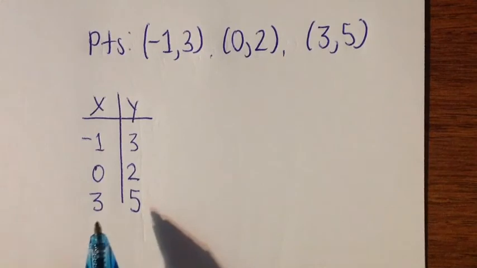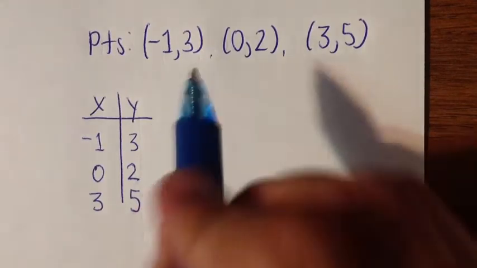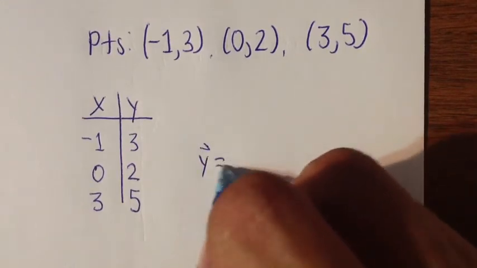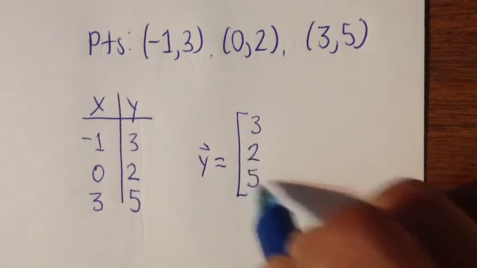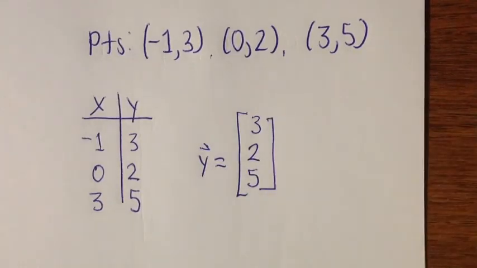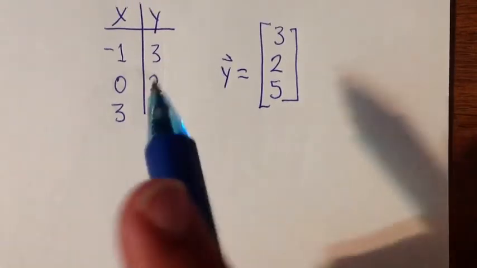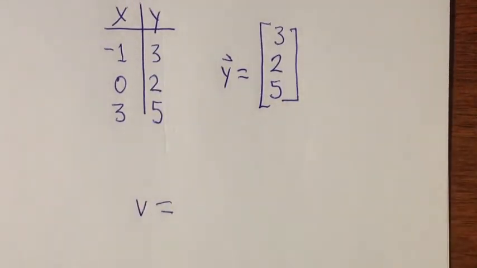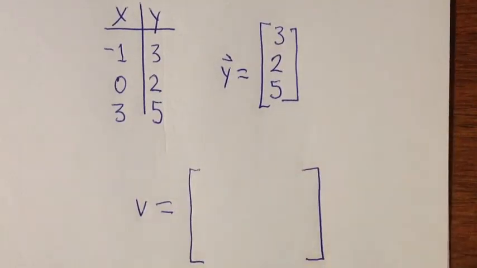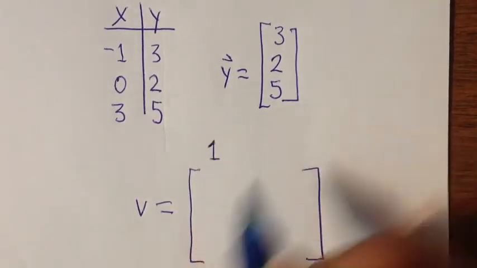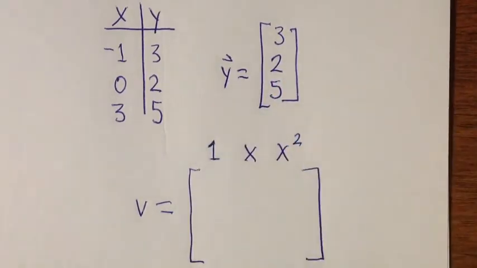From here you can build your y vector and your Vandermonde matrix. First, the y vector. You can easily see that this is going to become 3, 2, 5. If you go here to your Vandermonde matrix, which is going to be 3 by 3, what I like to do as a note to myself is label the columns 1, x, and x squared.